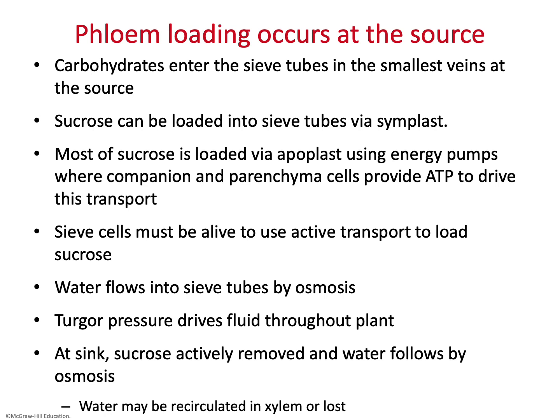If you remember, we talked about sieve tube elements. They are actually not alive at maturity, so they need companion cells or parenchyma cells to provide ATP for this transportation. But this bulk flow can happen without any further energy requirement after the sugar is loaded into the sieve tube elements.